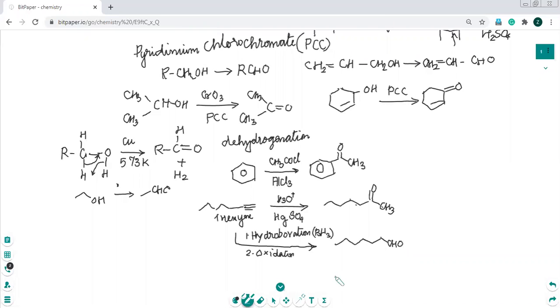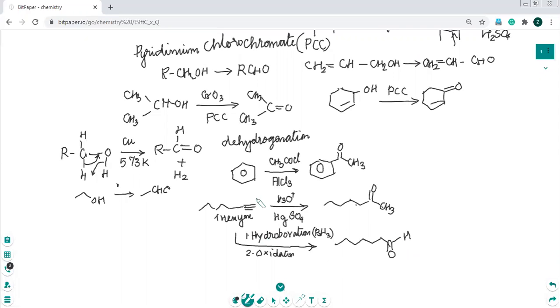Look at the beauty of these two reactions. Why is it beautiful? See here, something very interesting: this terminal carbon becomes the carbonyl group. In hydroboration oxidation, you get an aldehyde.